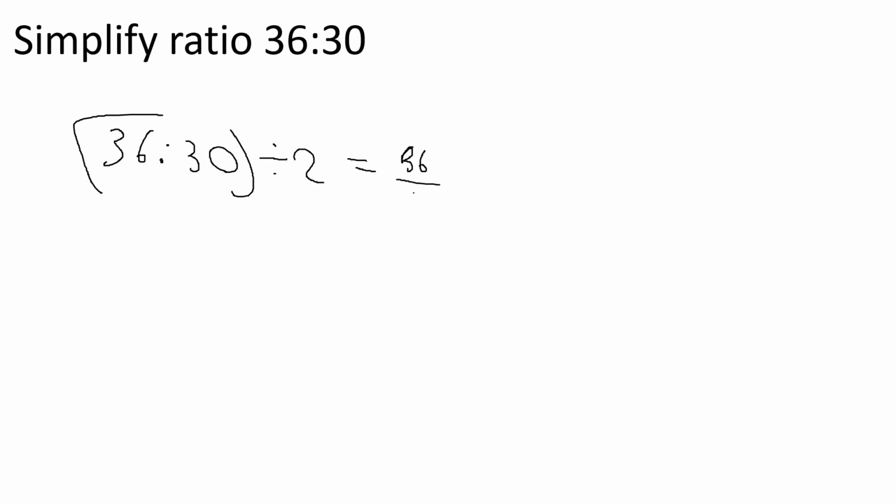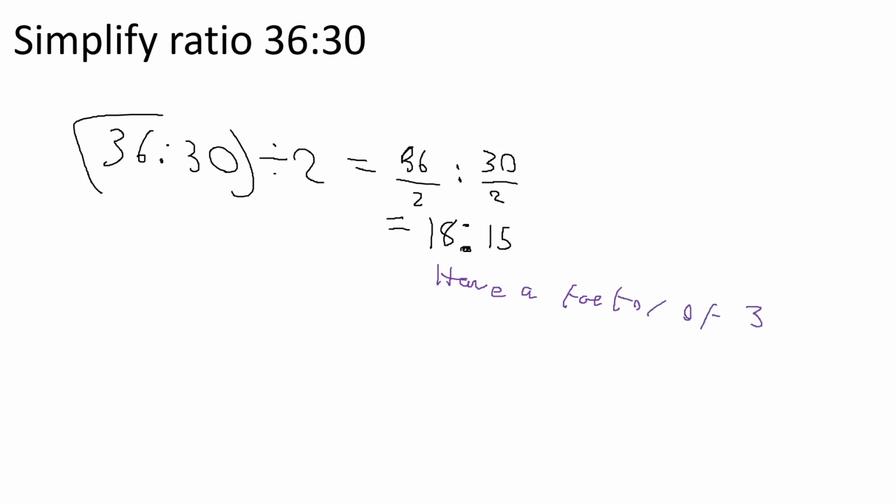36 over 2 is 18. 30 over 2 is 15. Alright? And can we simplify this further? Well, yes we can, because both of them have a factor of 3.